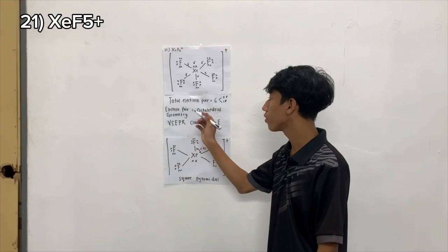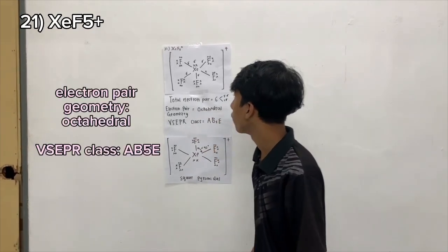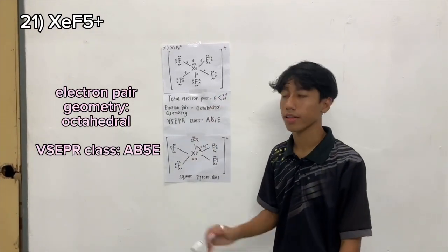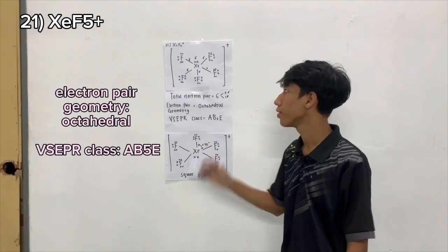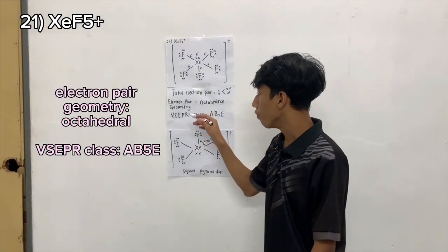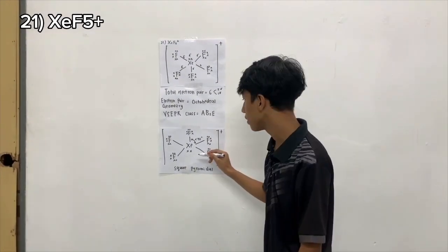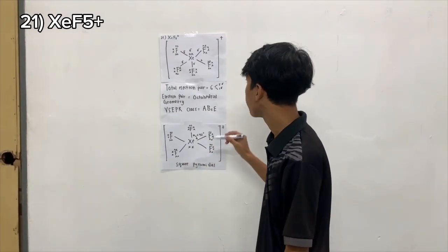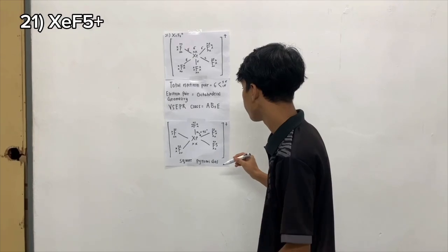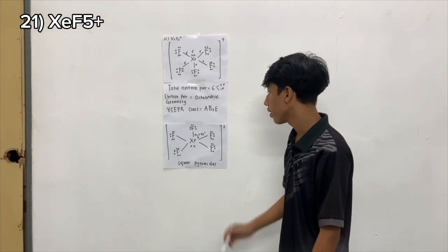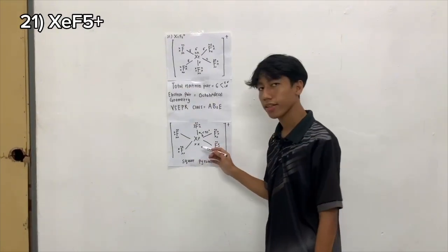Okay. So the electron pair geometry for this structure is called octahedral. The VSEPR class is AB5E. This is SeF5+ for molecular geometry. So look at this structure.